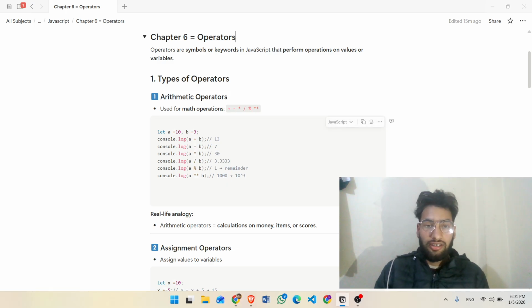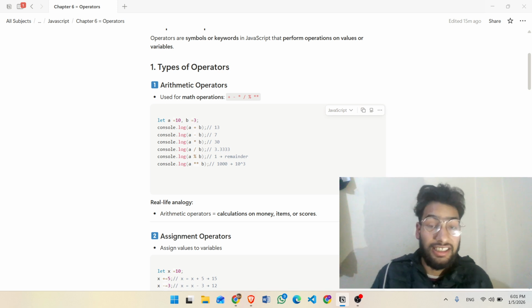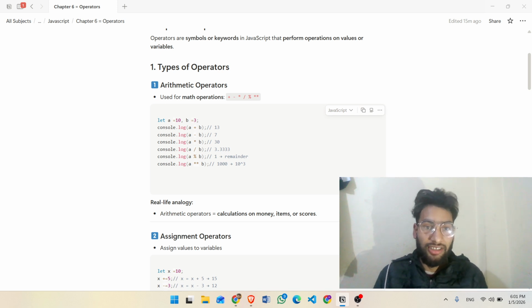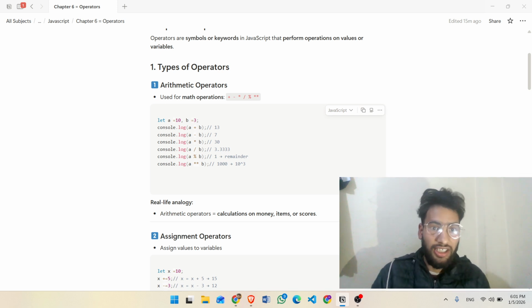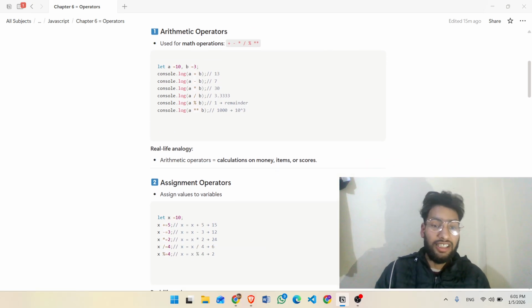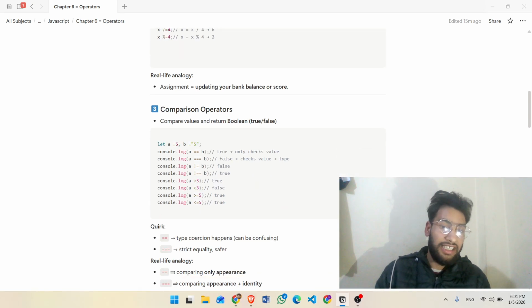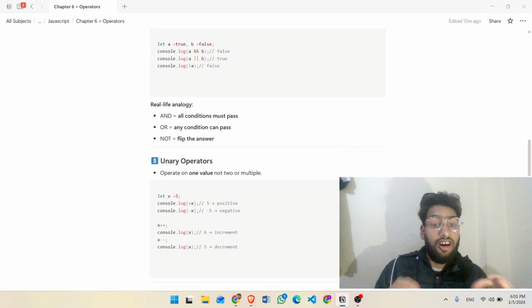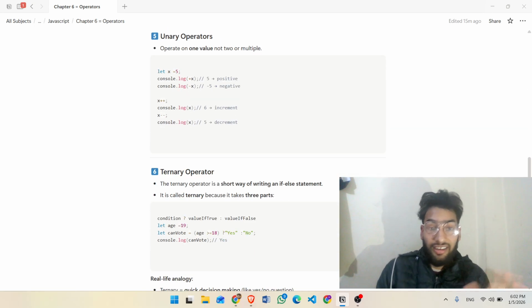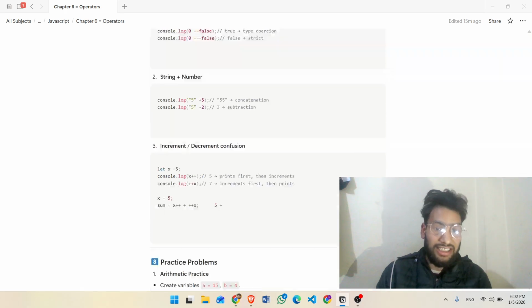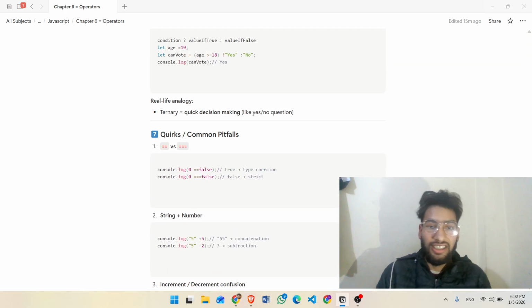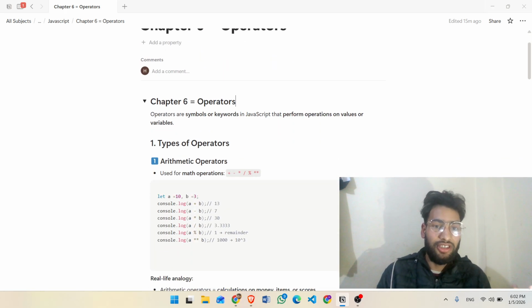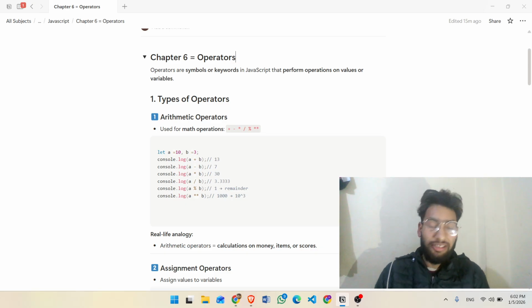So let's see how many types of operators exist in JavaScript. There are arithmetic operators, assignment operators, comparison operators, logical operators, ternary operators, and so on. Those types of operators exist in JavaScript. So without delay, let's explain them one by one.